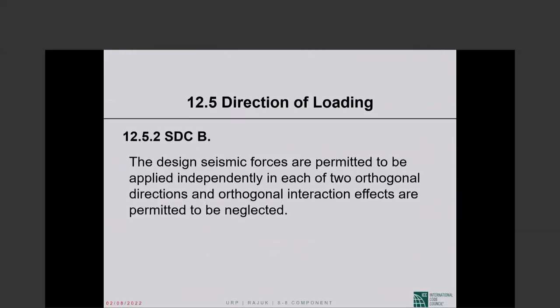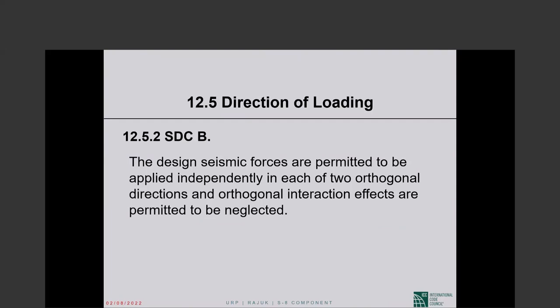Okay, let us look at the orthogonal effects as they're called. The fact of the matter is that an earthquake can hit from any direction. It is not constrained to strike your building along the principal plan axis, obviously.